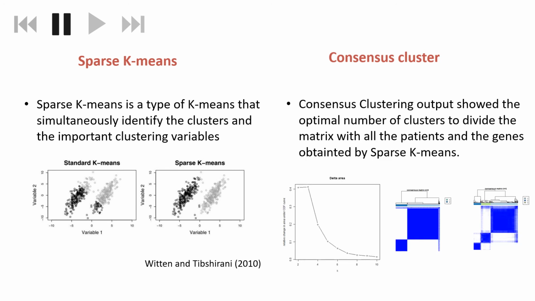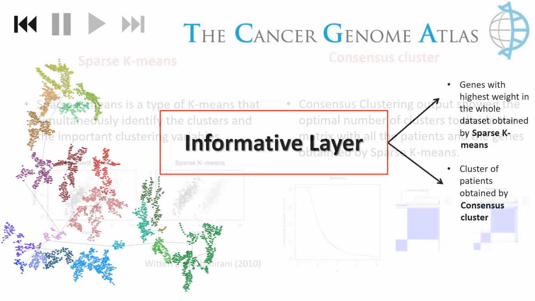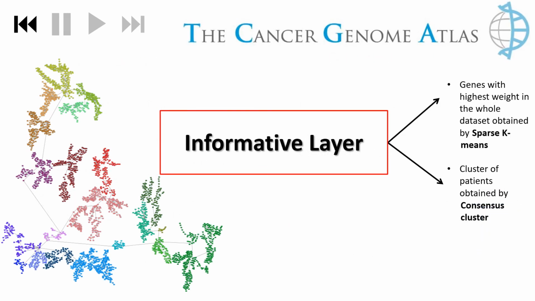Consensus clustering outputs show the optimal number of clusters to divide the matrix with all the patients and the genes obtained by k-means. Knowing that, you might understand the idea of informative layer, which is finding all the important information present in a database by deconstructing it into small datasets.